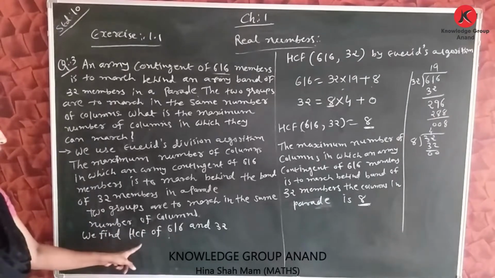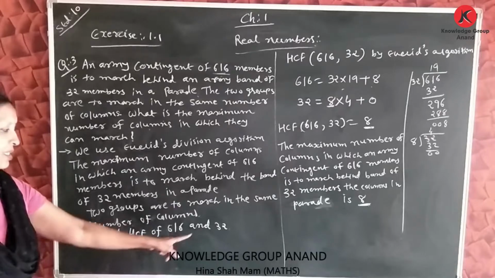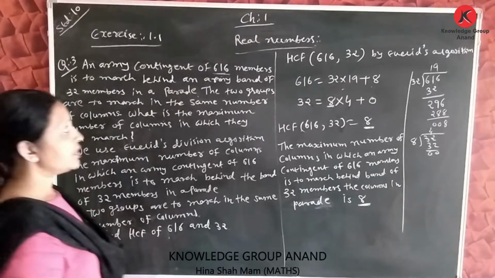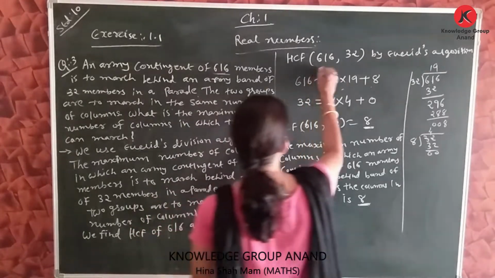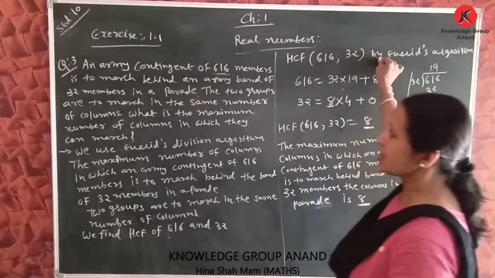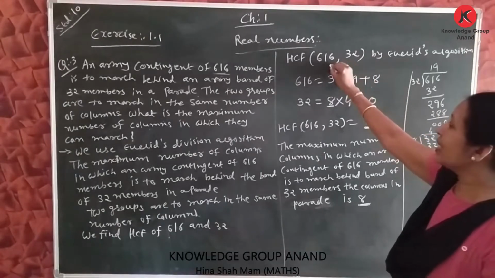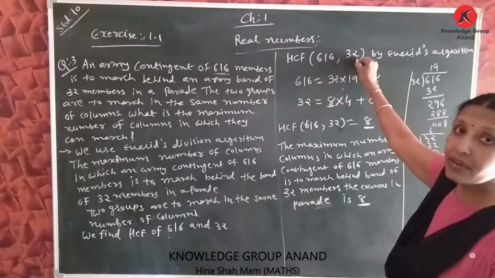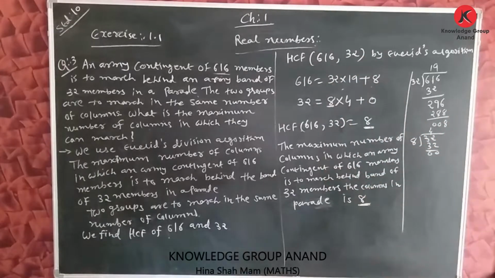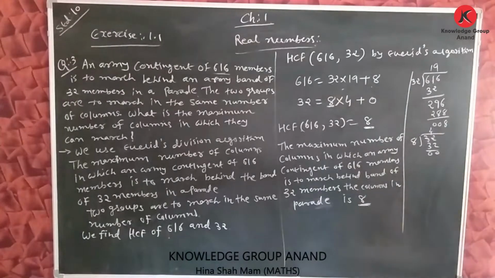So we find the HCF of 616 and 32 by Euclid's algorithm. We know the larger number is divided by the smaller number and written in the form a equals bq plus r.